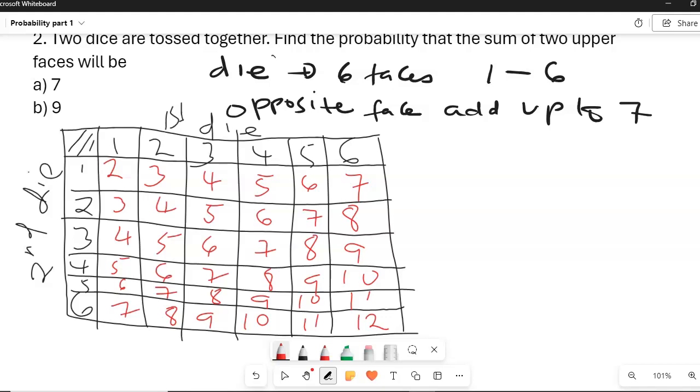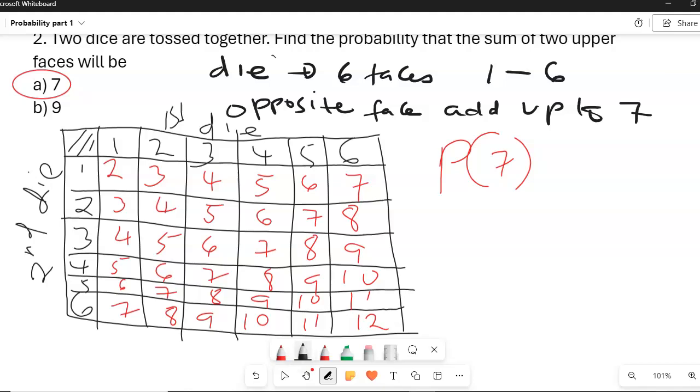So that's our possible outcomes, and for the first part, question A, we want to get the probability of getting a 7. So how many 7s do we have?